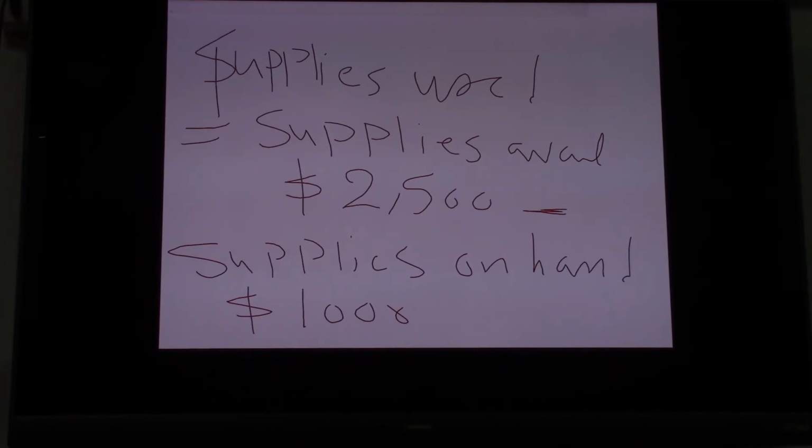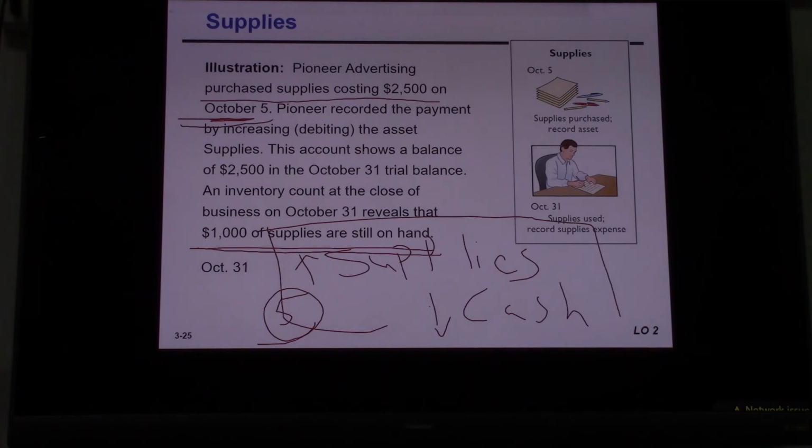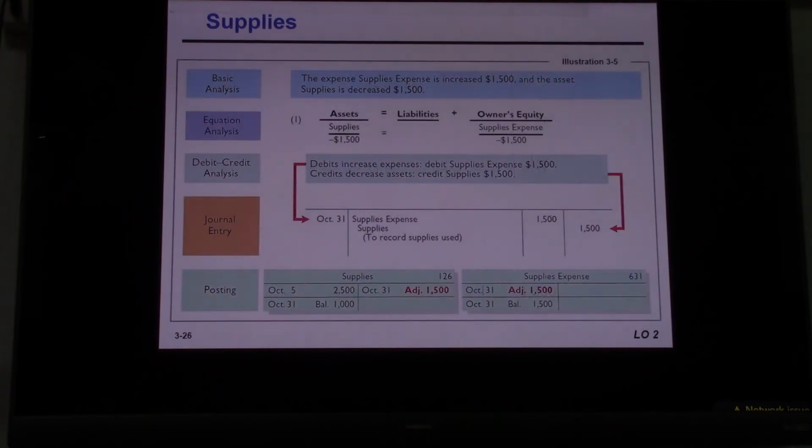In this case, you are required to perform the adjusting entry on October 31st. As we have stated before, the adjusting entry for prepayments should increase expense and decrease asset. So supplies expense will be on the debit side because we increased expenses by the value of supplies used. At the same time, you should decrease supplies.